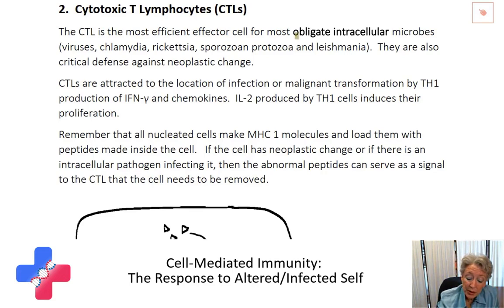So this is the best cell to make to control your obligate intracellulars, like viruses, like chlamydia, rickettsia, some of the sporozoan parasites, and so forth, because these are also the most important protective responses against neoplastic change.